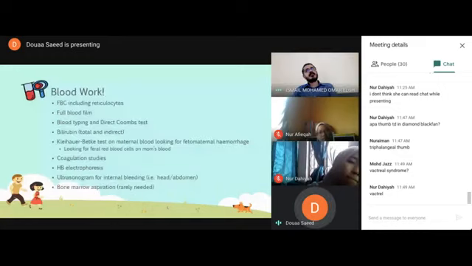I'm not sure if I'm pronouncing it right, but this test is basically looking for fetal red blood cells in the mom's blood, so maternal blood, and if you find both blood cells, then it can be signs of fetal maternal hemorrhage. You want to take coagulation study, hemoglobin electrophoresis, ultrasonogram for internal bleeding, such as of the head or the abdomen, and you want to take bone marrow aspiration if it's needed.